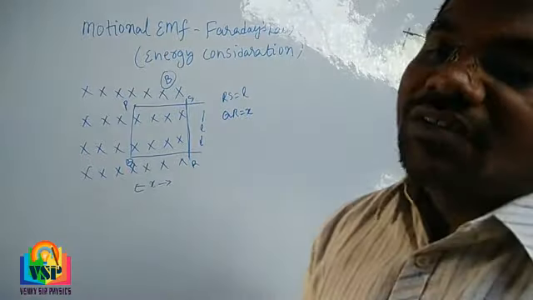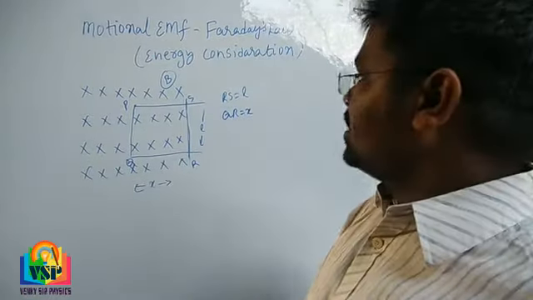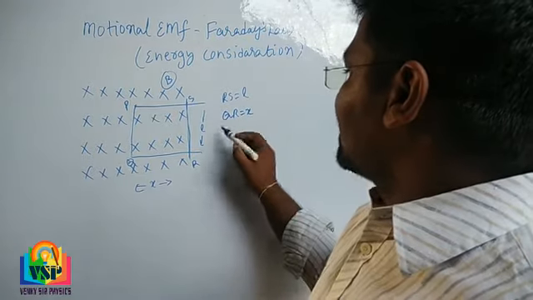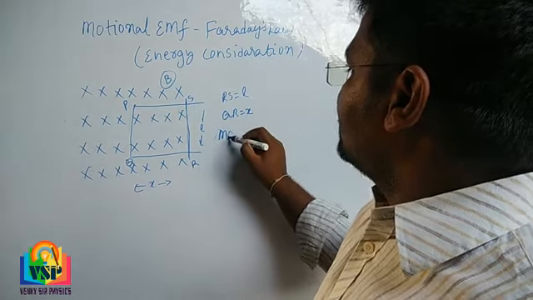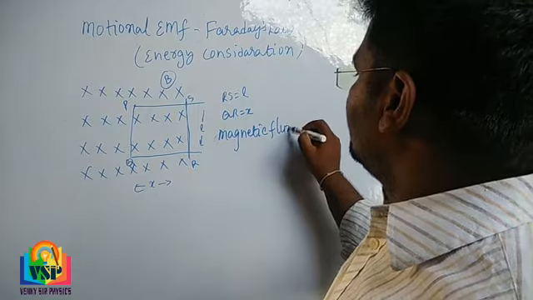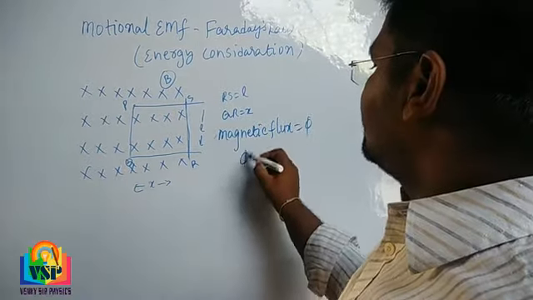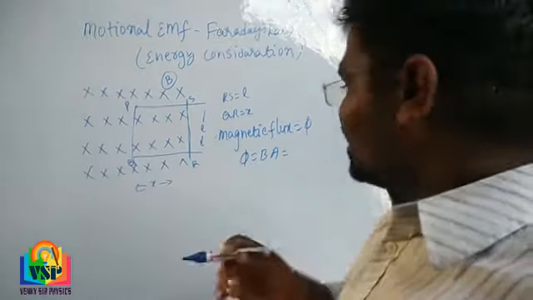How can we find that induced EMF? By using magnetic flux, which is denoted phi. Phi is equal to BA, magnetic field into area.